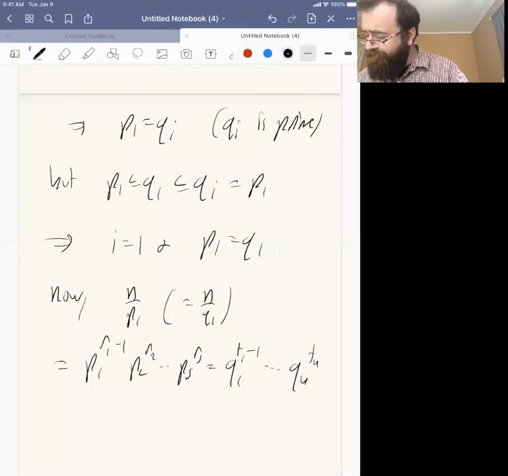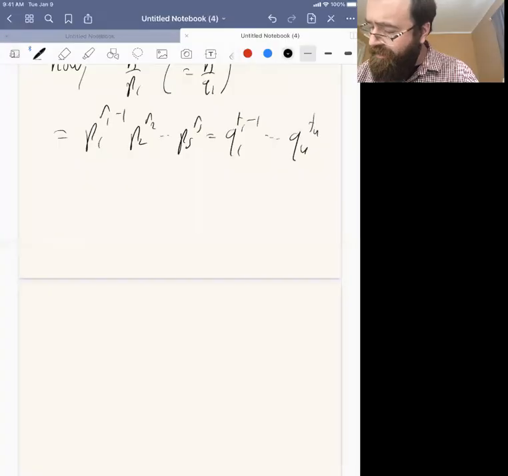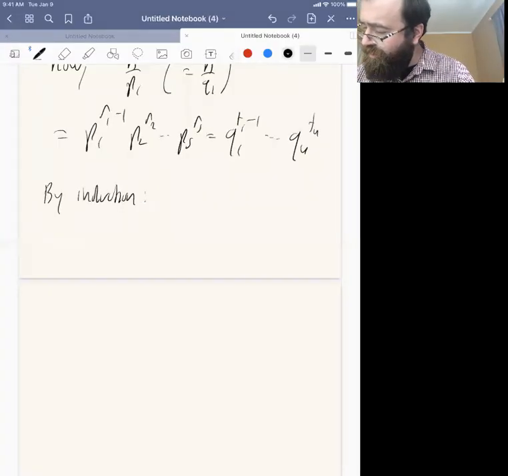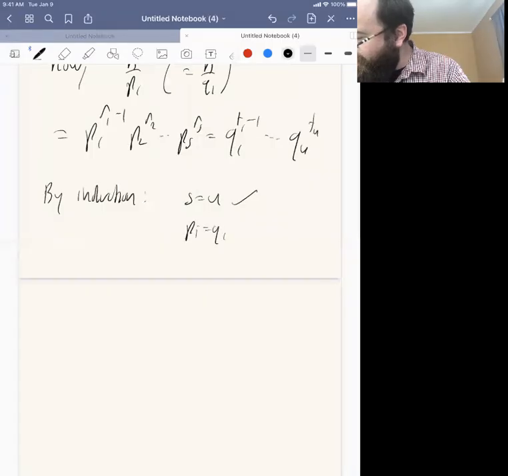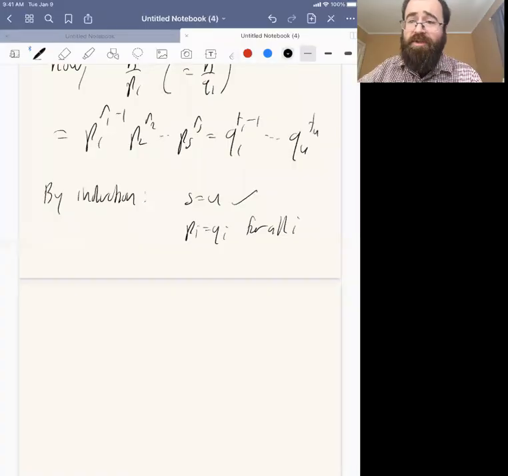So by induction, what do we conclude? By induction, we conclude that s is u. We conclude that pi is qi for all i. We already concluded p1 was q1.